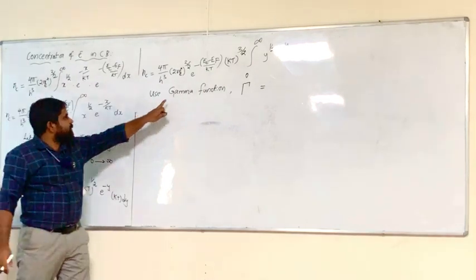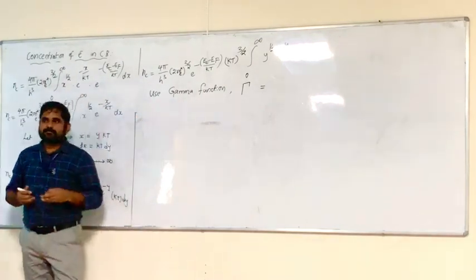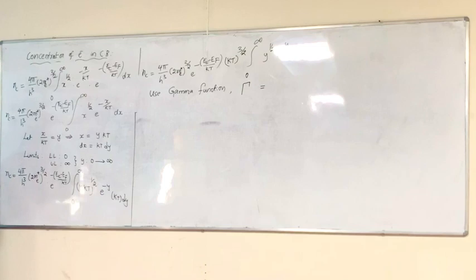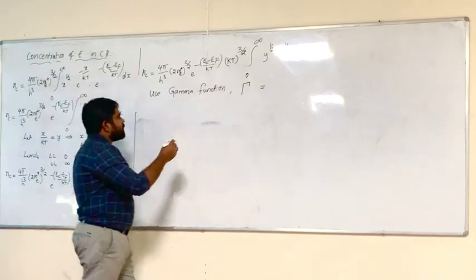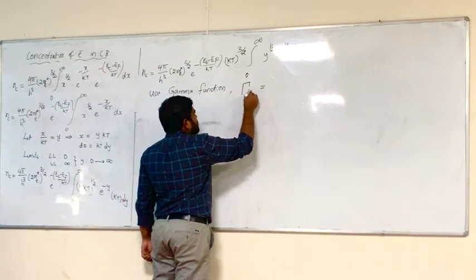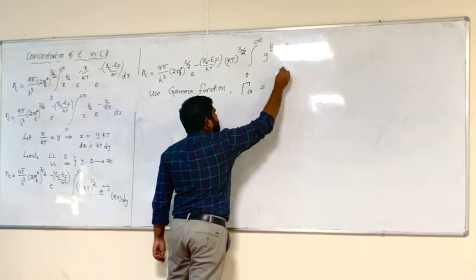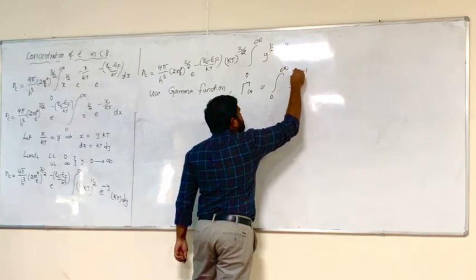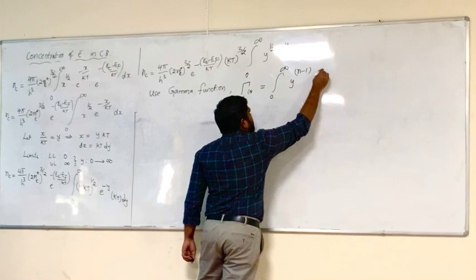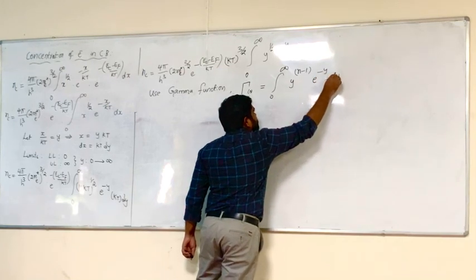Gamma of n is nothing but the integral 0 to infinity y to the power n minus 1 e to the power minus y dy.